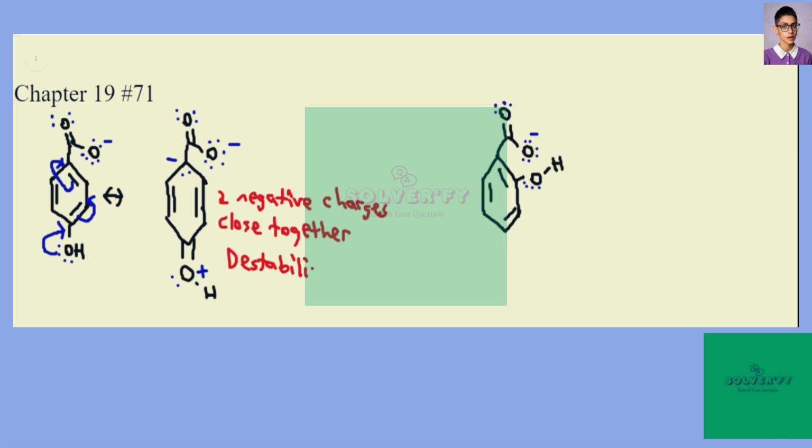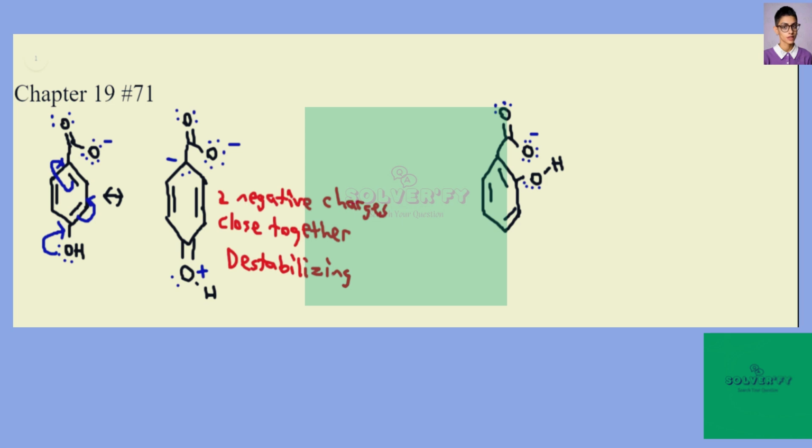So if the conjugate base is destabilized, then it's less stable, and a less stable conjugate base means a weaker acid. And so that destabilizing effect explains why that para form is weaker.